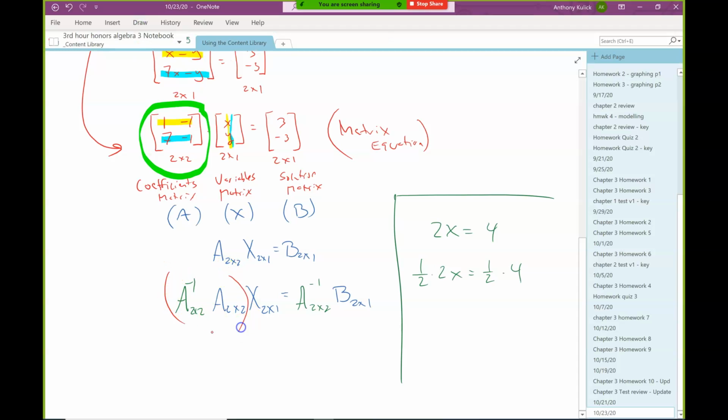So, if I multiply A and A inverse together, what do we get? Well, not 1, because these are matrices, but it's a matrix that acts like the number 1. It's not the 0 matrix. It's the multiplicative identity matrix that we call the letter I. And what do I get when I multiply the matrix I by the matrix X?